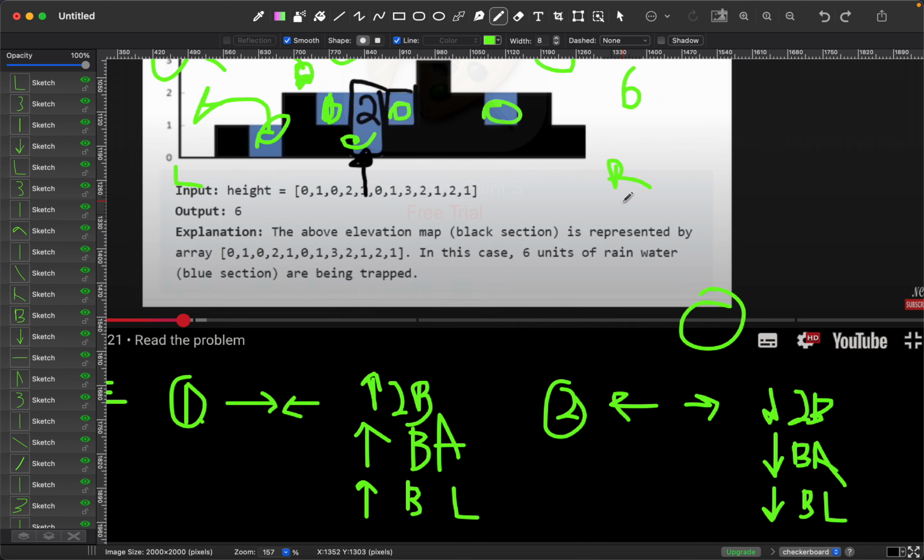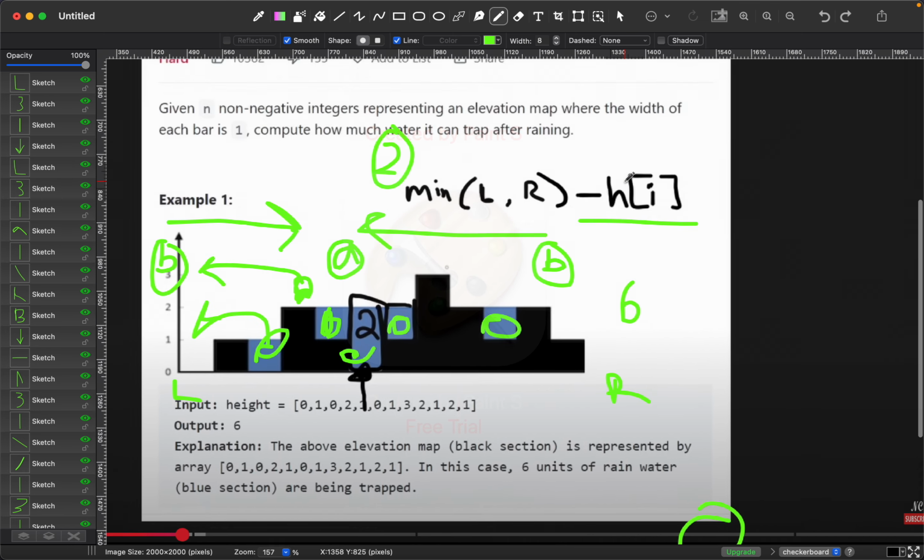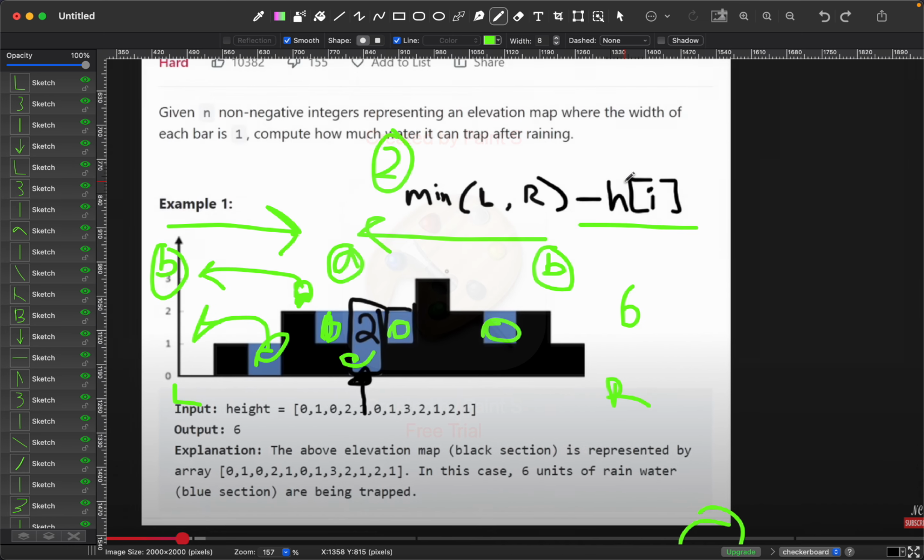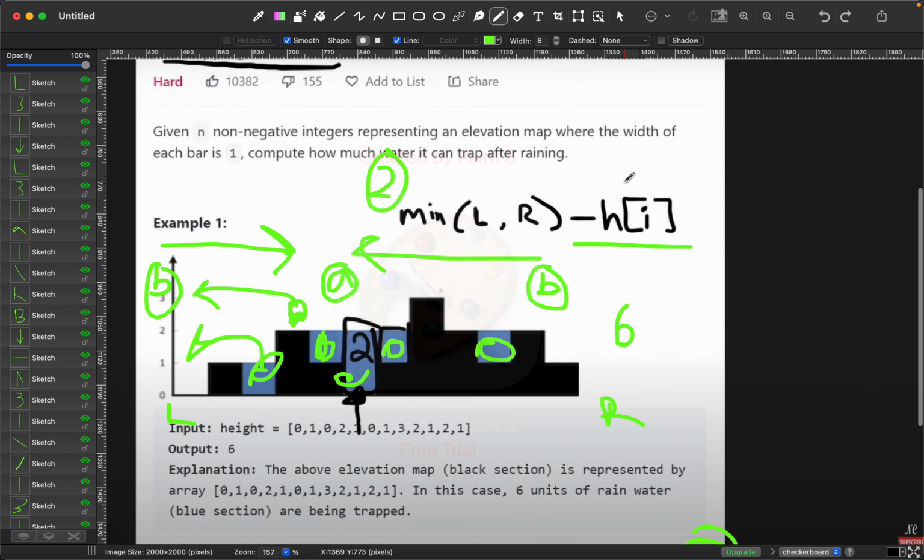So we can use that as the conditional statement for L and R. For every max length that is lower, we want to push inwards to find something taller.